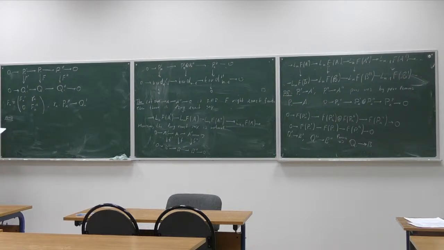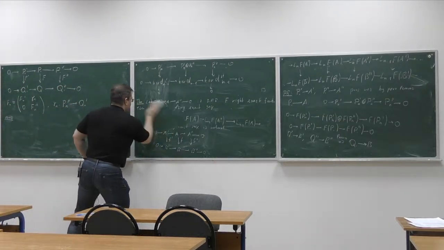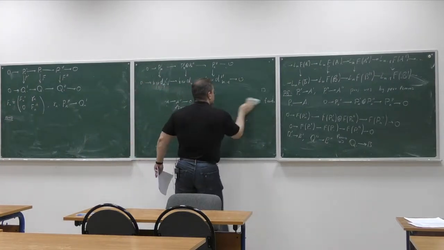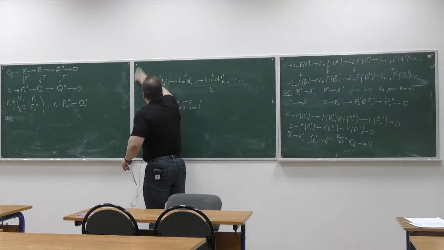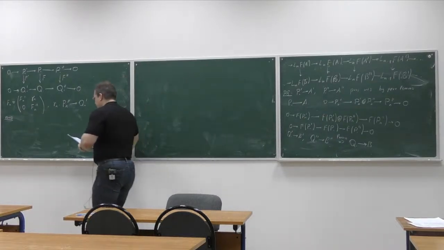Okay, for this I need to draw a diagram. So let me maybe draw a diagram on the next whiteboard. There will be a lot of details on this diagram. Essentially just for convenience to see all the maps that I'm going to use in one diagram.